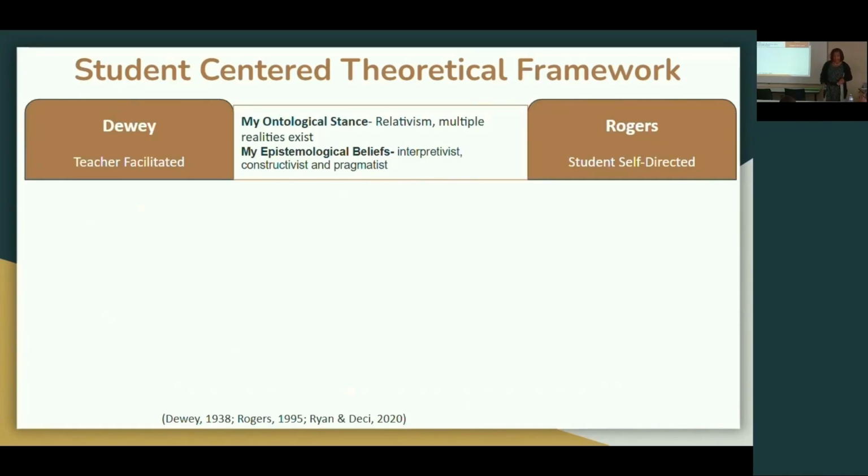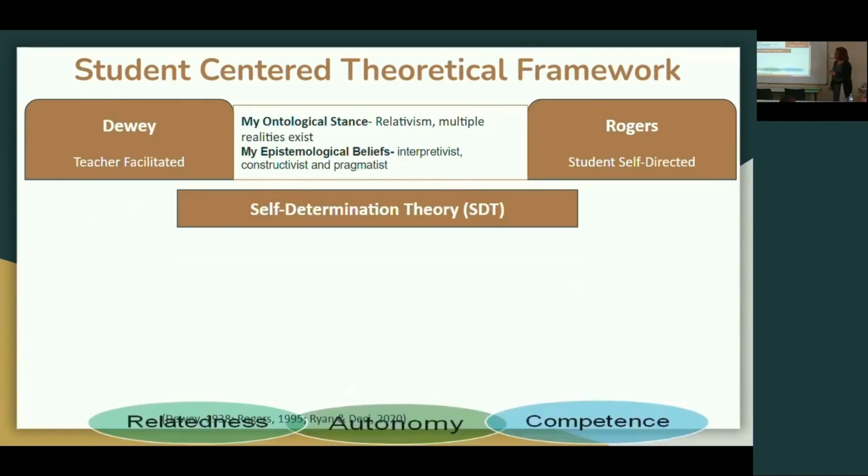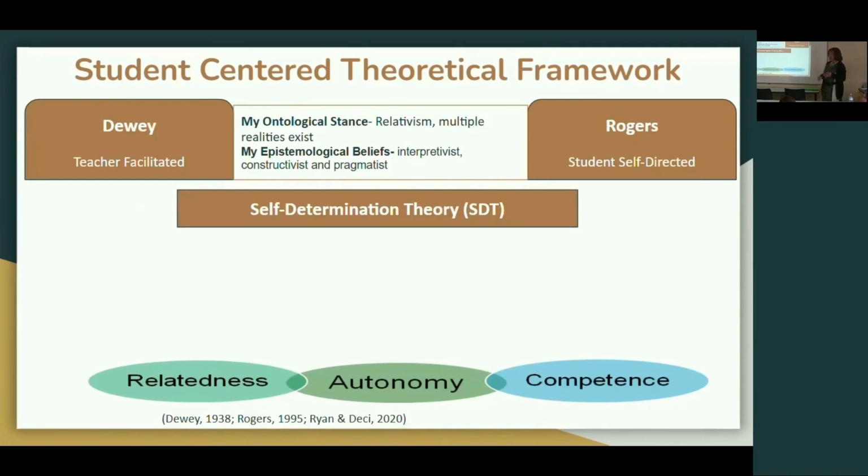And so I took into consideration Dewey's and Rogers' views that were so student-directed, and that led me to the self-determination theory by Deci and Ryan. And what they indicated was that intrinsic motivation is triggered by a combination of all three things.